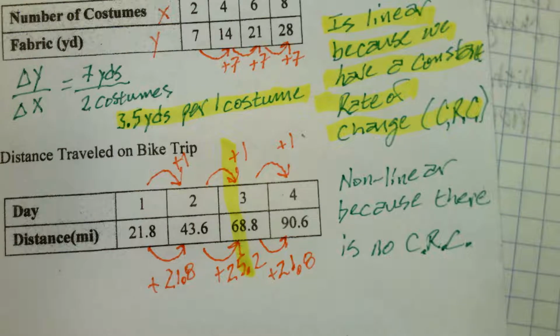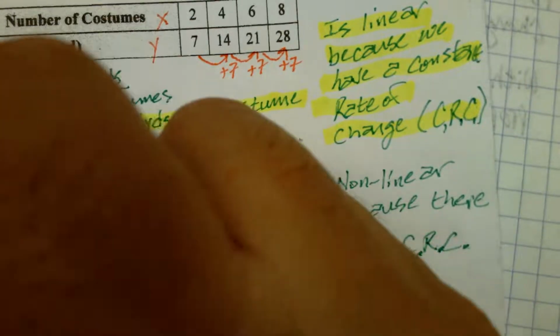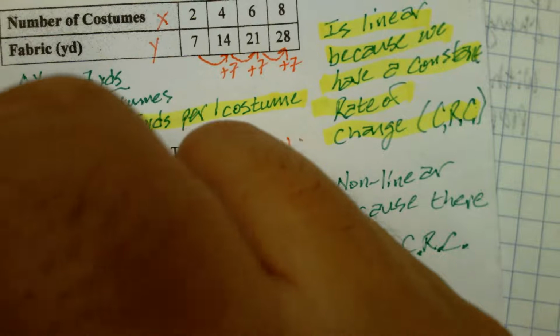So if we can't find a constant rate of change, then it's nonlinear. When we graph the points, it's not going to be a line, even though this is our x and this is our y.